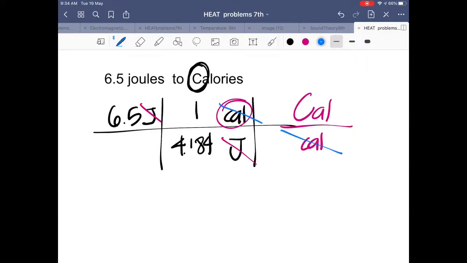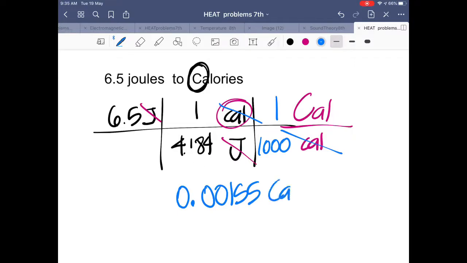Cancel calories with calories. And in 1 kilocalorie, you have 1,000 calories. So it's 6.5 divided by 4,184, just like the other problem. And your answer is 0.00155 kilocalories, okay?